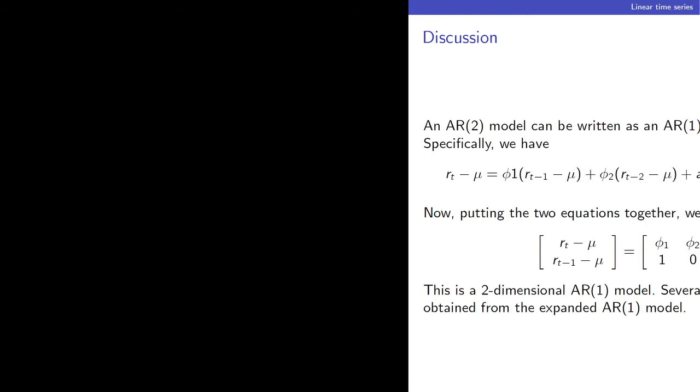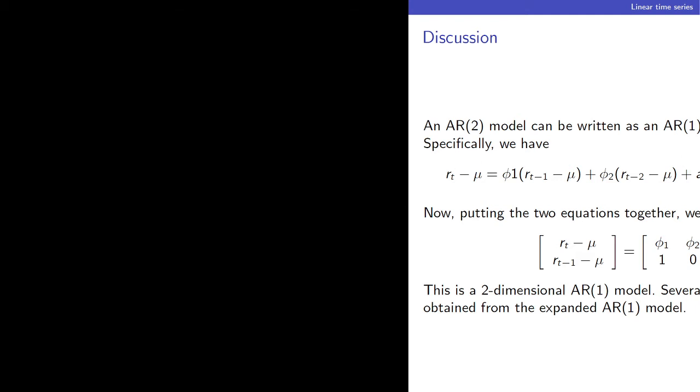Now, can we express an AR2 model as an AR1 model? Yes. If we expand this problem to R2 and we start working with vectors instead of with the regular real numbers, we have this nice identity.